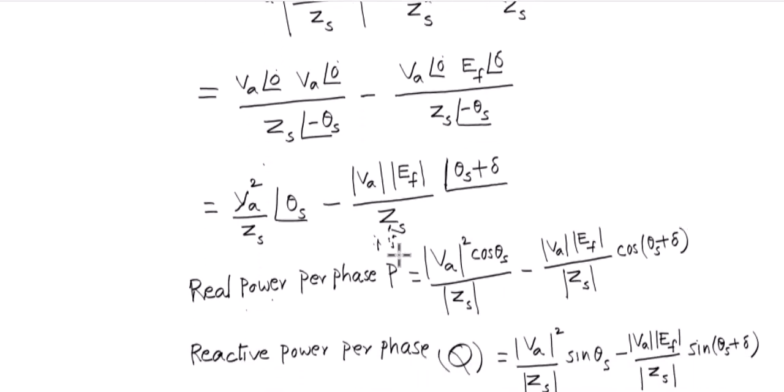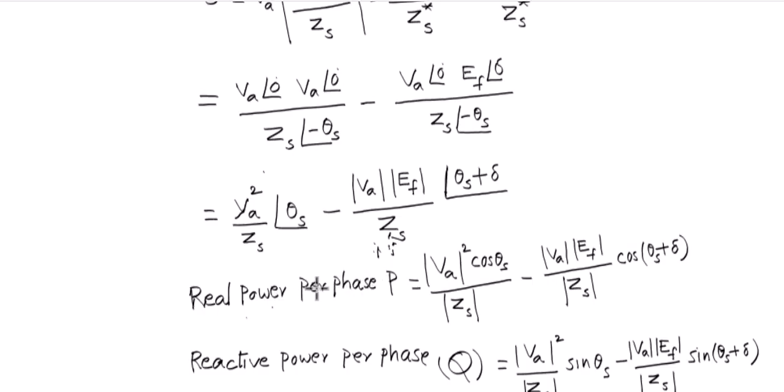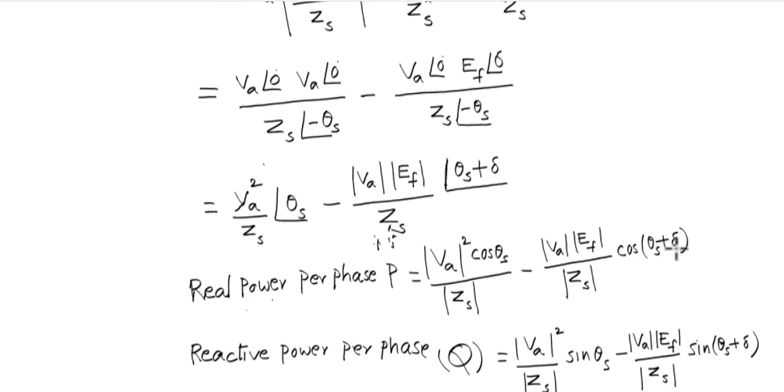Then the real power per phase from this equation, or simply the real part of the complex power, can be written as P equals Va square into cos theta s divided by Zs, minus Va into Ef divided by Zs cos of theta s plus delta.